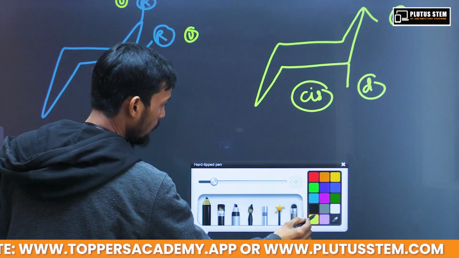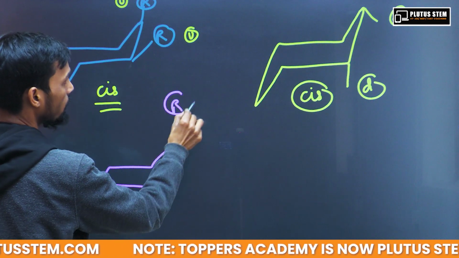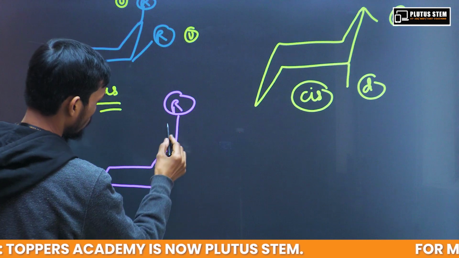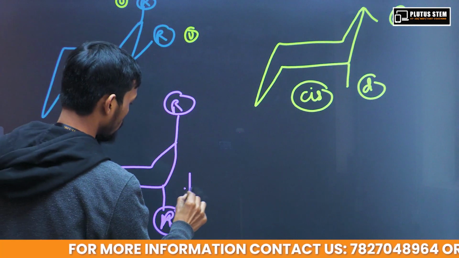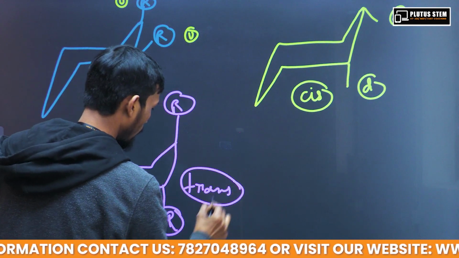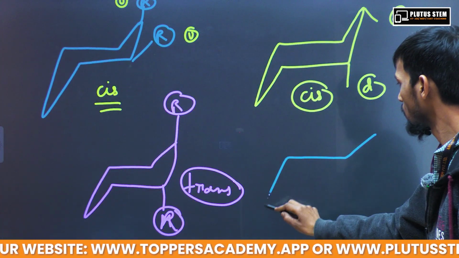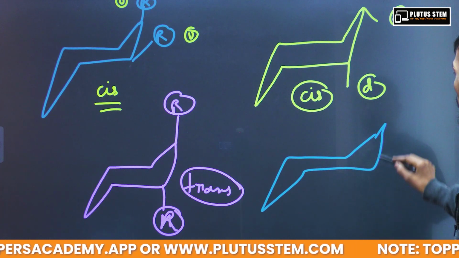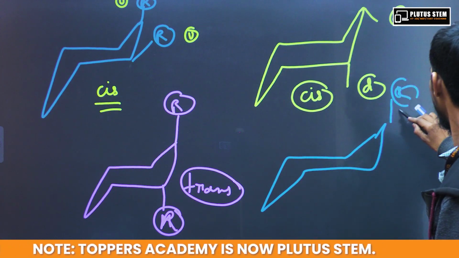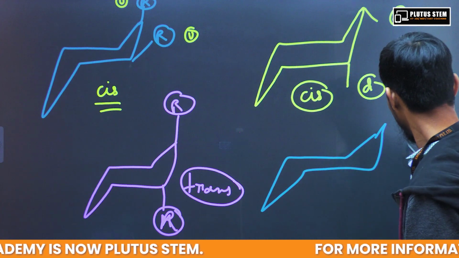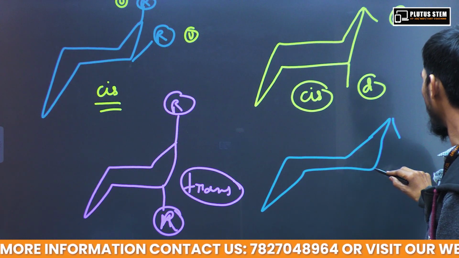But another two more possibilities are like this. This one is R, and we are having another R as this upside and this one as downside. So this is going to be trans. Another trans will be over here when we are having a group like this. This one is downside and this one is upside.